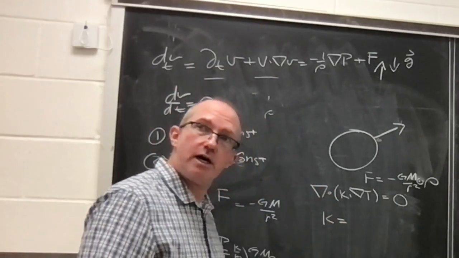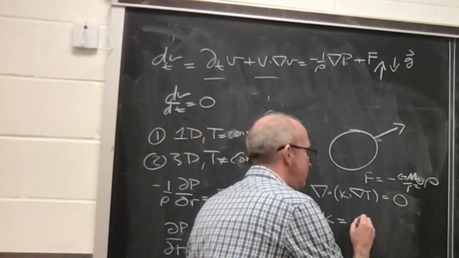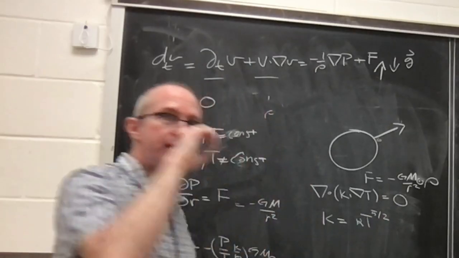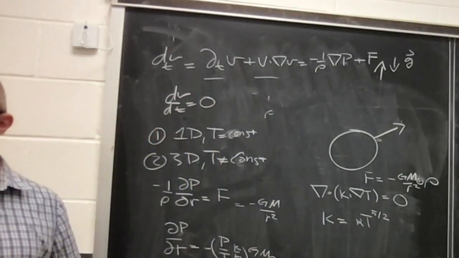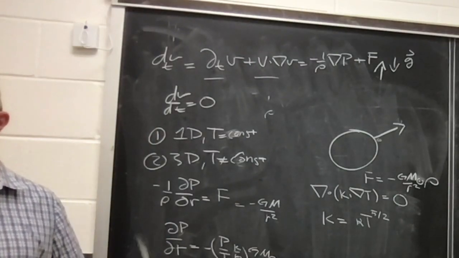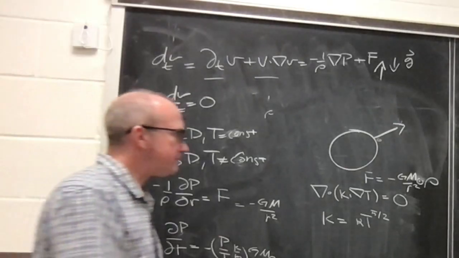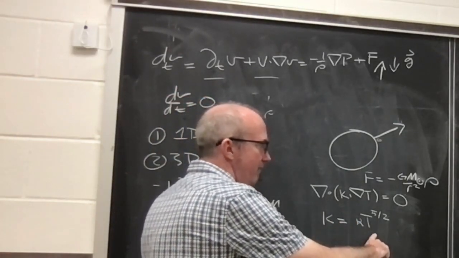K, this is the thermal conductivity in a plasma. This is some constant, we'll call this kappa times T to the 5/2. We won't prove this, but the proof is in the book, and it's a little heavier than we're going to get because it requires most of Maxwell's equations to get there. So our thermal conductivity goes like T to the 5/2.